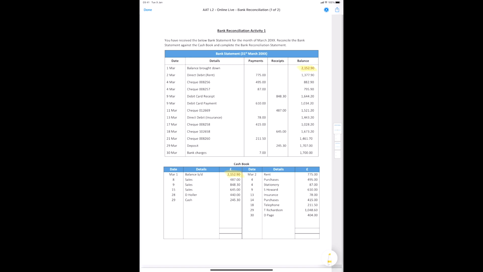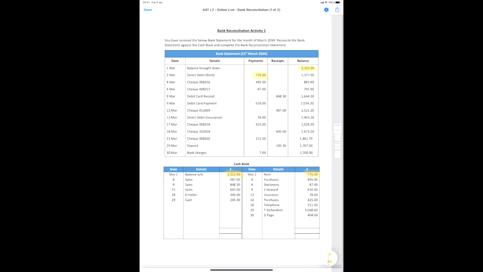First of all, we're going to work our way down the payments column within the bank statement and highlight any of those that appear within our cash book. We have a payment of £775, which we can see is also in our cash book, and that relates to a rent payment.